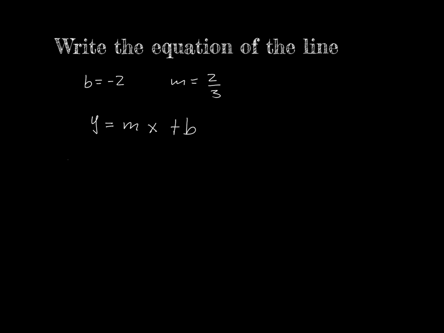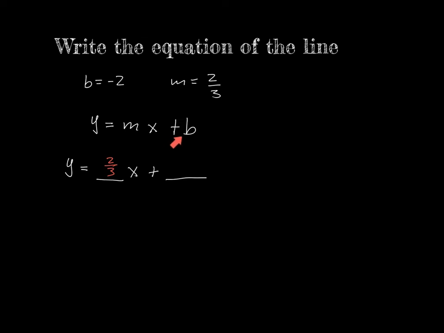So we're going to write it as y equals m x plus b, and we need to fill in those blanks. So we know that our m is going to be equal to 2/3. So let's write that down. 2/3. And then we know that our b is going to be equal to -2.